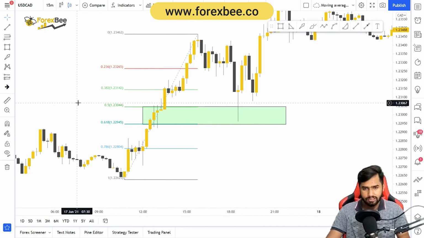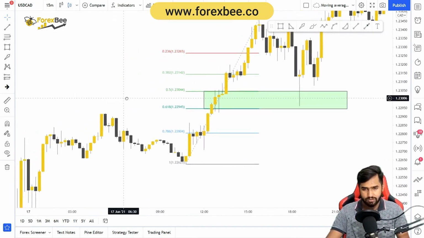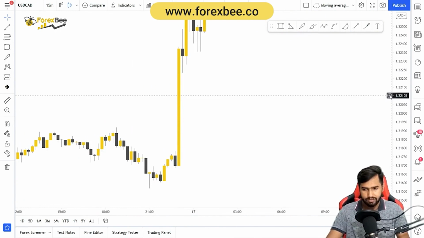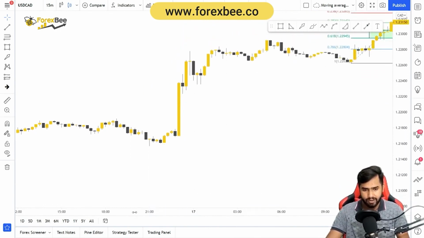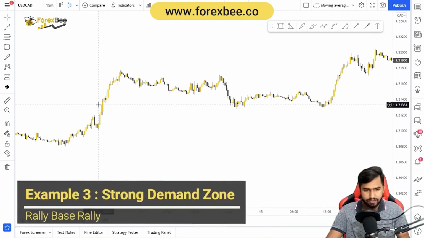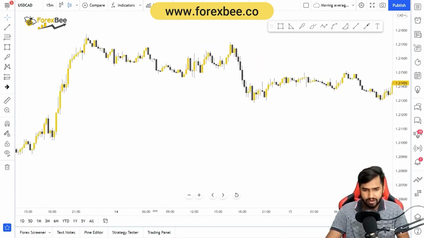Okay, now let's go ahead and see if we can find any other example of our demand zone. So let me just go down to the bottom and see. Let me just zoom out so that we can see more candles. Okay, this one here, again you can see that there is a rally demand zone.